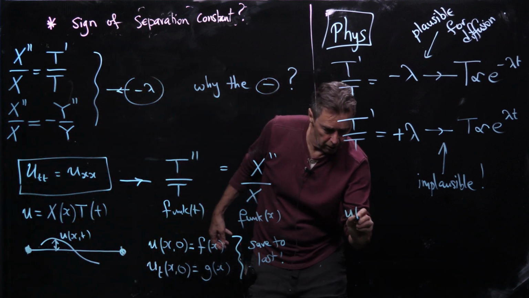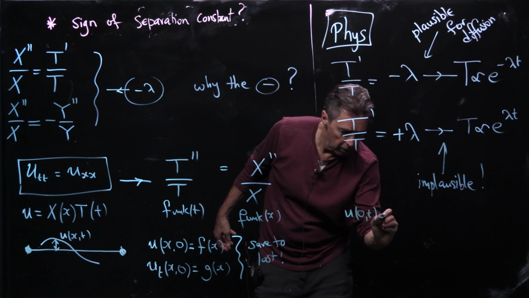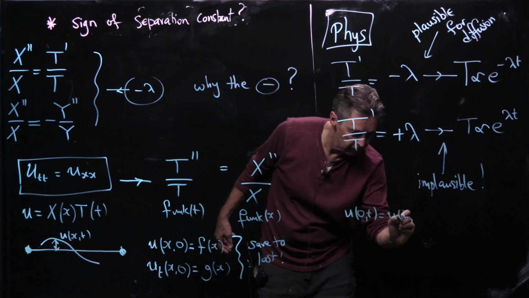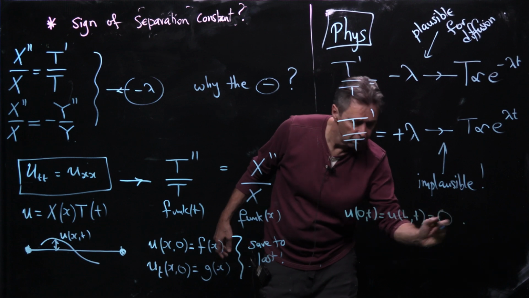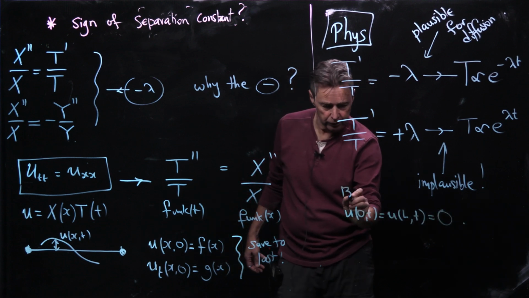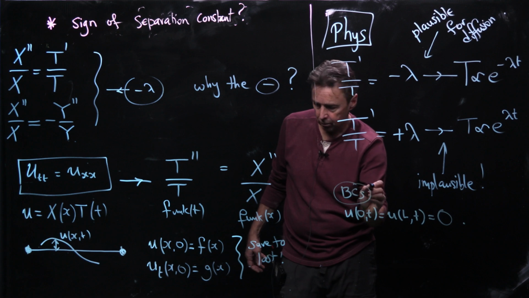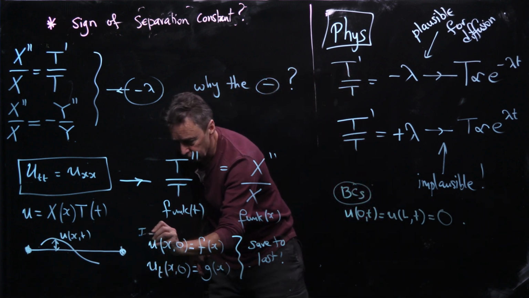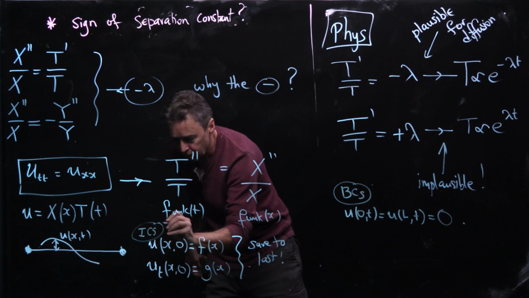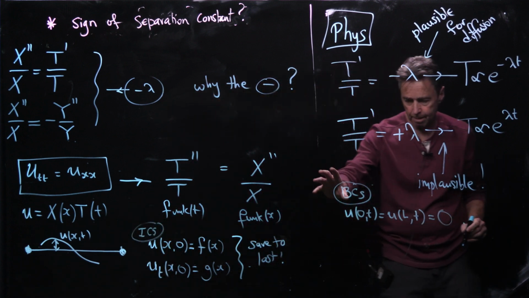So you would say that U of 0 and U of L, if that's the length, is 0. Right, those would be the boundary conditions. Right, these are the initial conditions. You save those to last.